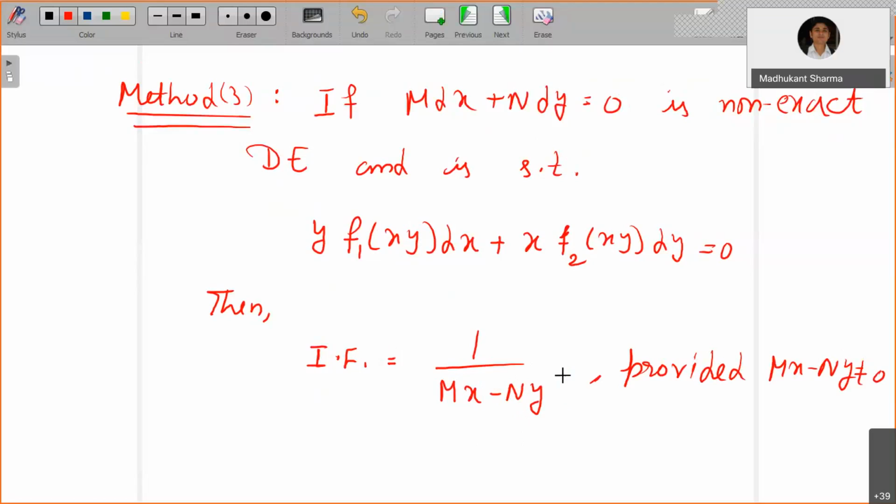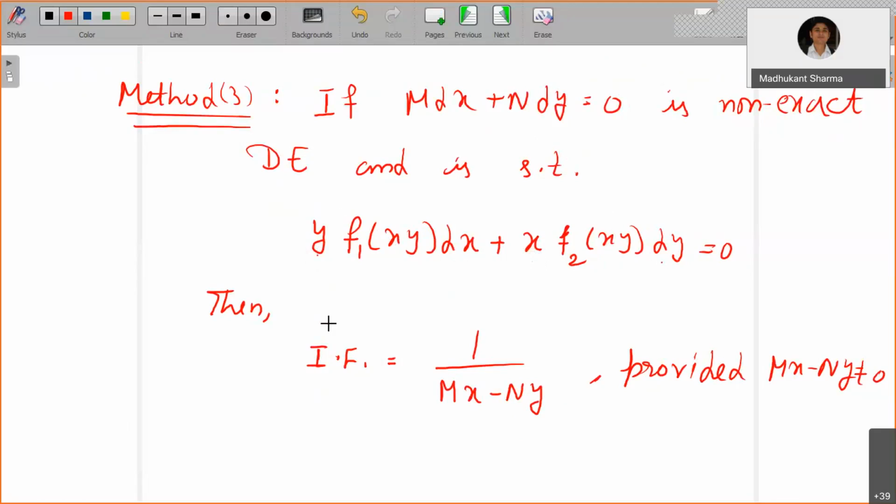Yeah. So now I hope you can understand from there that in the dx coefficient you can take y out, and in the dy coefficient x out, and whatever remains in the factor is a function of x into y. Or you can replace x into y with some d, where d is equal to x into y.